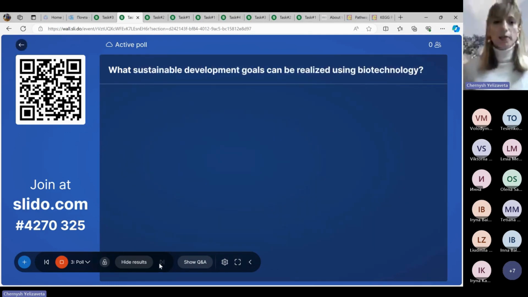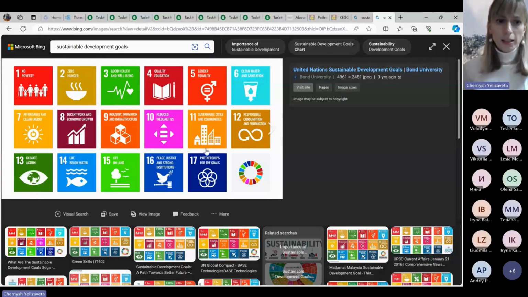And the final question: what sustainable development goals can be realized using biotechnology? You can see these sustainable development goals. For example, what is interesting for us is climate action.